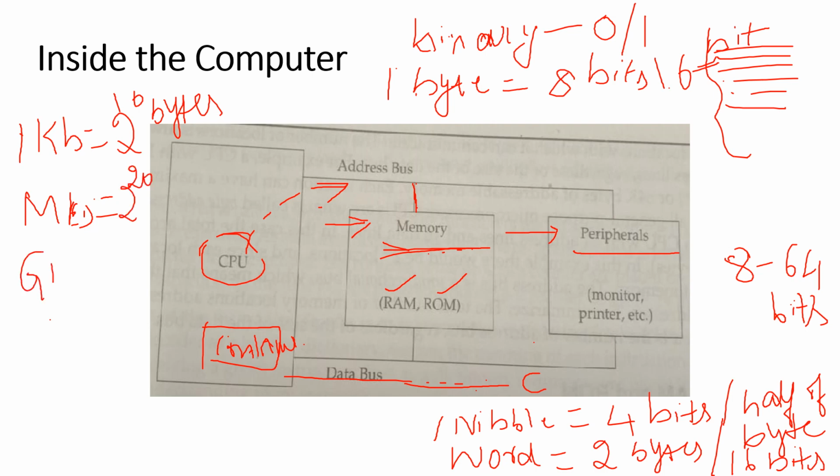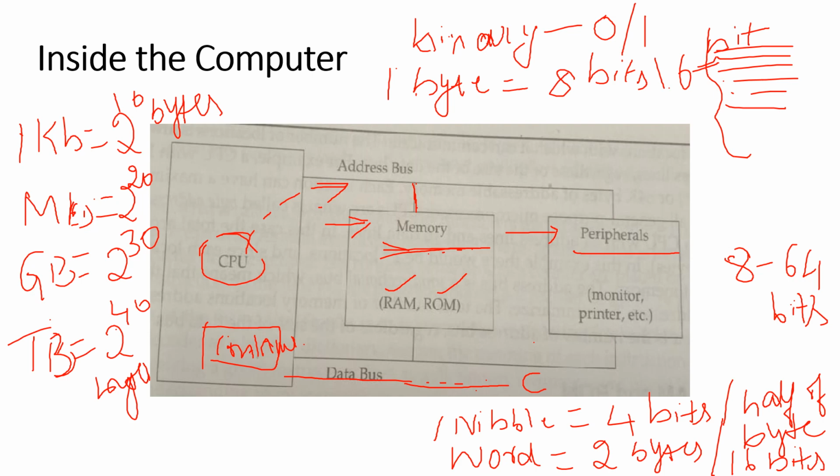And GB is over 1 million, equal to 2 power 30 bytes. TB is 2 power 40 bytes, which is more than 1 trillion. These are the terminologies that we use to express the size of the memory.